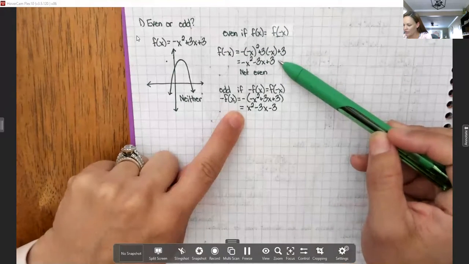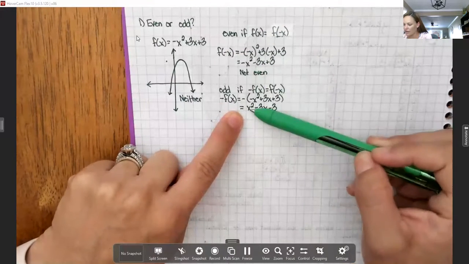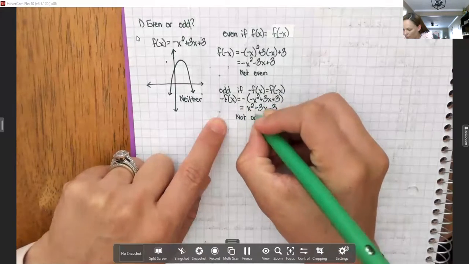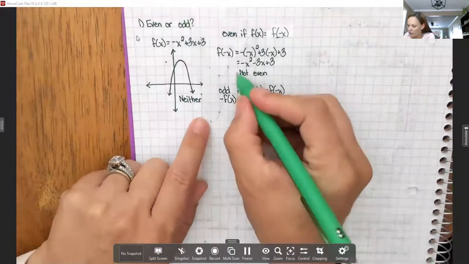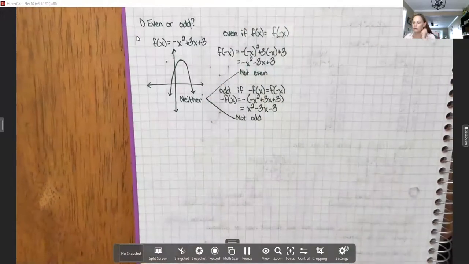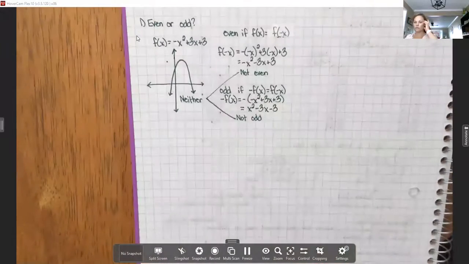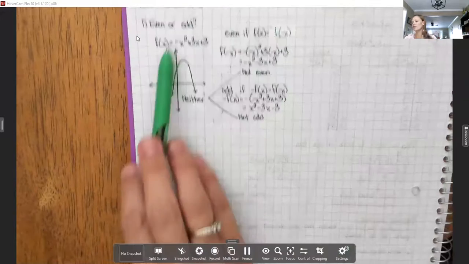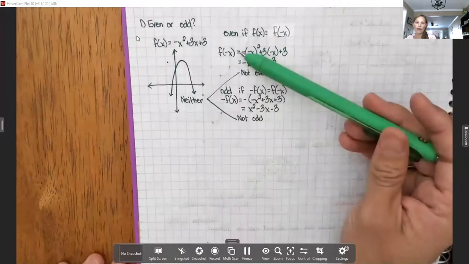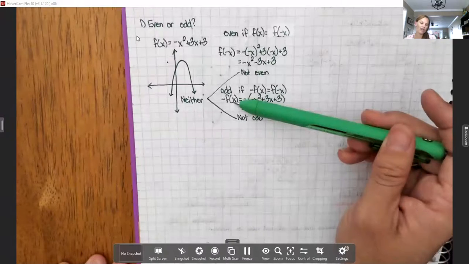And we see that these are different. That's negative x squared, that's positive x squared. So it's not odd just from that piece. So together, those tell us that it's neither. So again, that's how you do it on a graph. You check the reflection symmetry, you check the rotation symmetry. Algebraically, you plug in f of negative x, and then you check negative f of x.